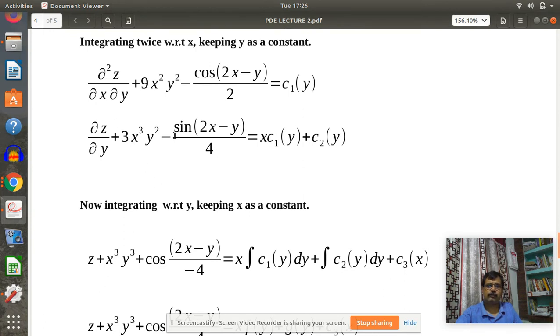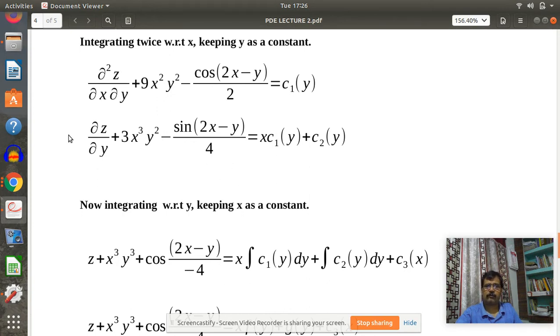And on this term, minus the integral of sine of (2x minus y) is minus cos of (2x minus y) by minus 1. So in effect, we have this minus sign, and the integral of sine (2x minus y) is minus, so this becomes plus. Now cos of (2x minus y) divided by minus 1. That minus 1 combined with the 4, we get minus 4.